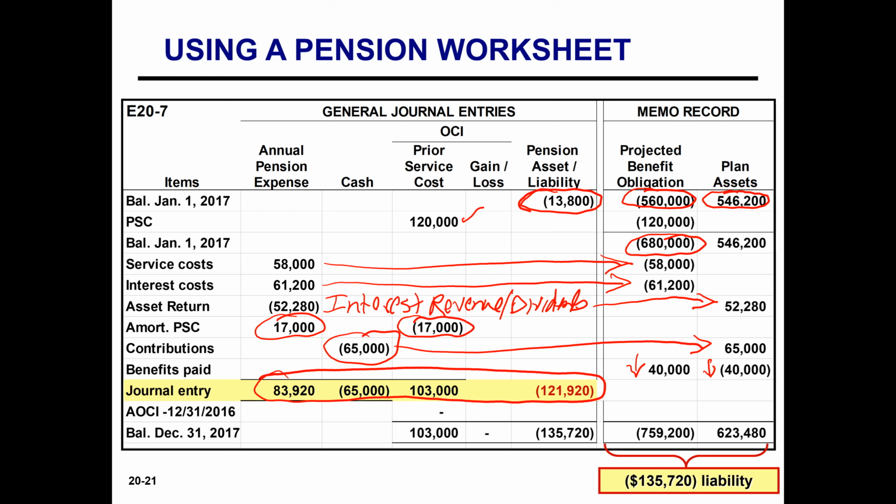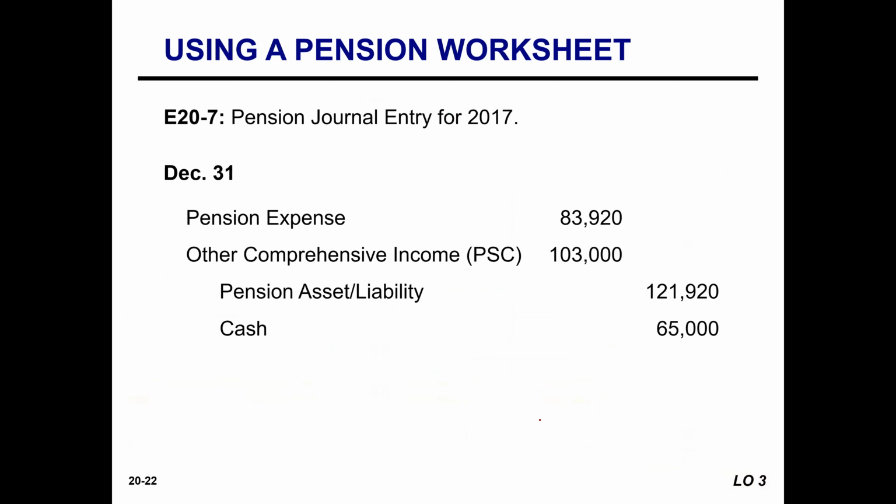And again, we see here the difference between the obligation and the plan assets. So we are in fact still underfunded, but now we're underfunded by a total of 135,720, right? And so this is what that journal entry would look like.